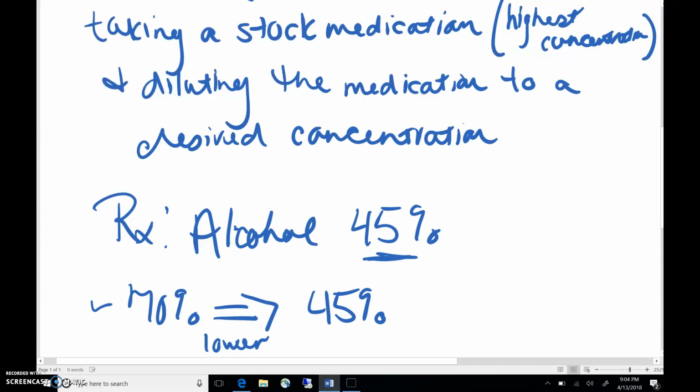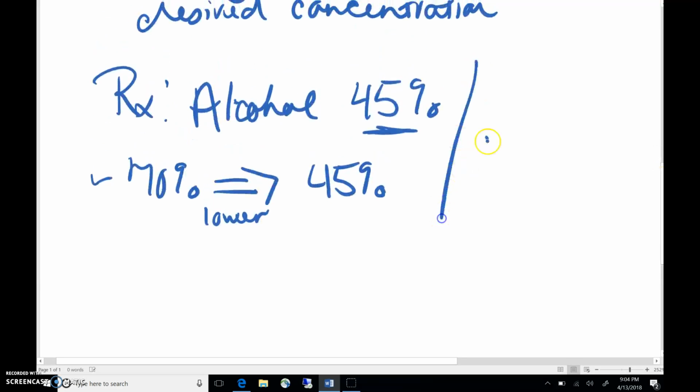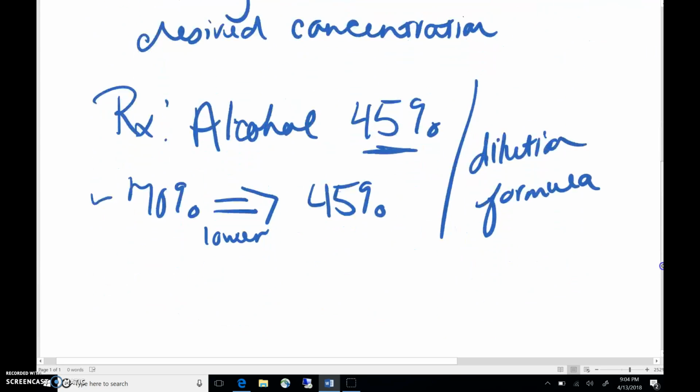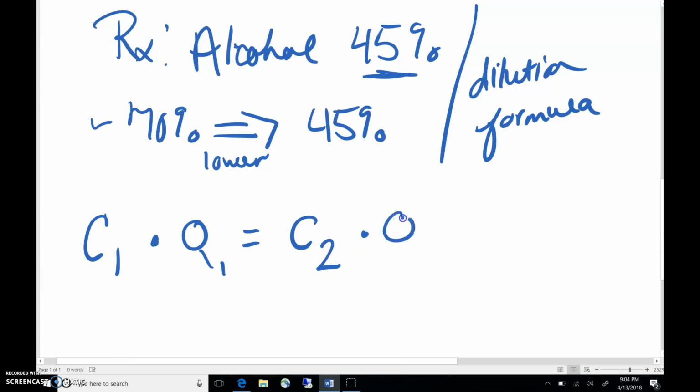But you're going to do that by using the dilution formula. And with that dilution formula, that dilution formula is C1 times Q1 equals C2 times Q2.